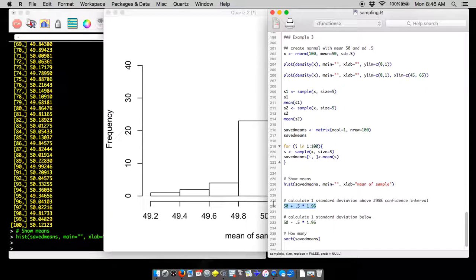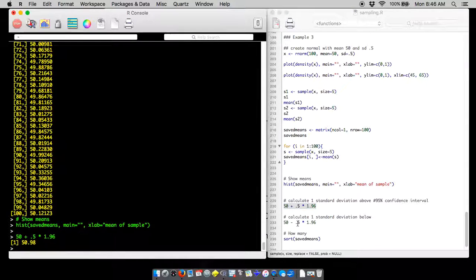And this gives us the upper bound limit. So when we do the calculation, it says that 95 out of 100 samples that we draw from this population should have a mean at 50.98 or below. If we take 100 different samples from this population, we should observe that 95 of those samples have a mean below 50.98.